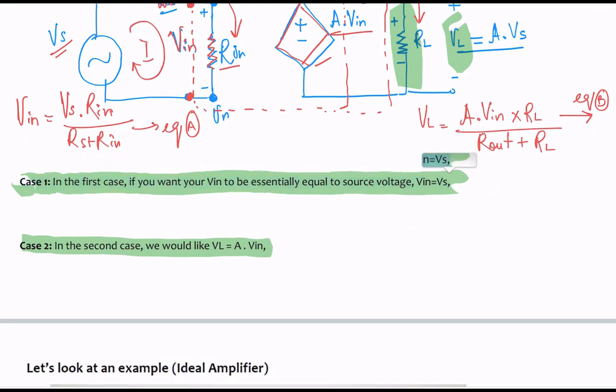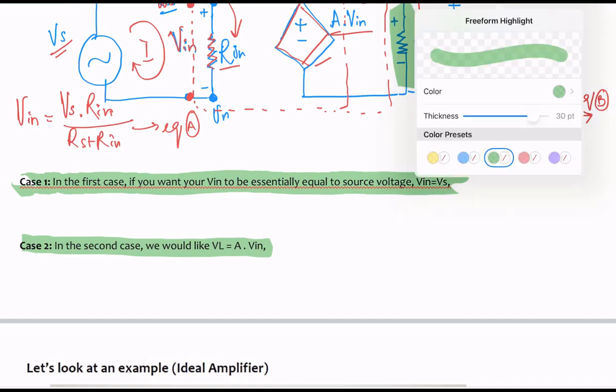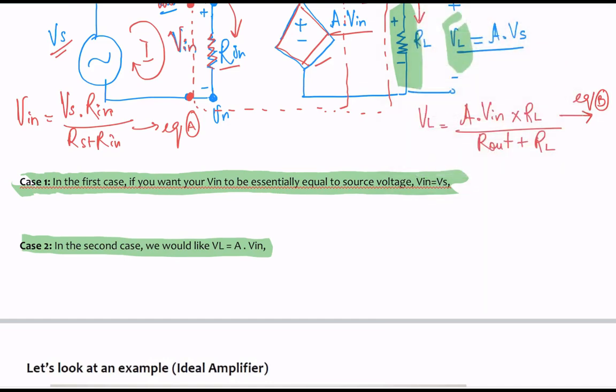Now I'm going to come back over here to this point right here, and say we are striving for getting Vn equal to Vs. I want you to focus on this equation right here, equation A. What should be the value of the input resistance such that Vn is equal to Vs?